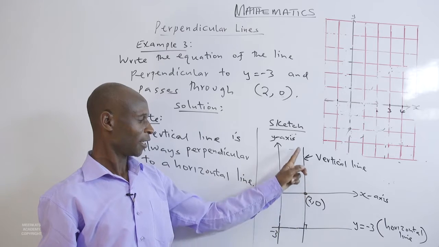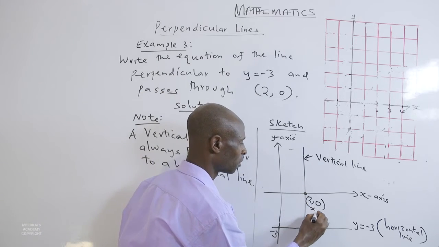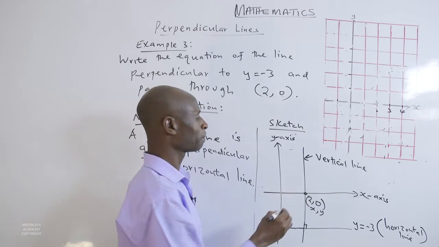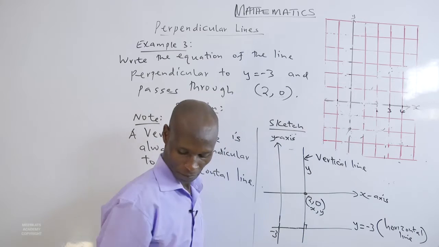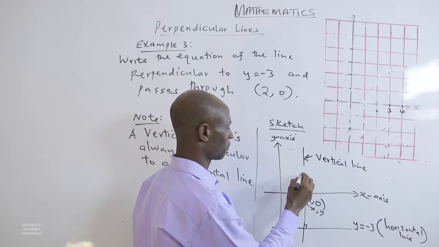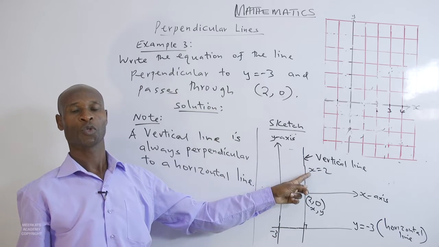So for the vertical line, we read off the x coordinate, which is 2. So the equation of that vertical line will be x is equal to 2.